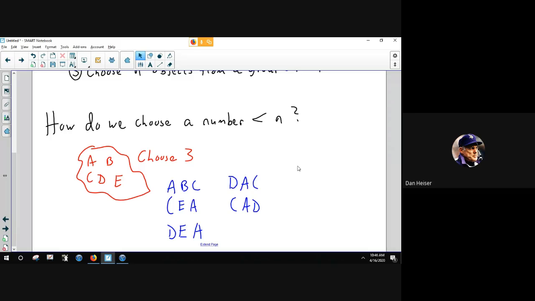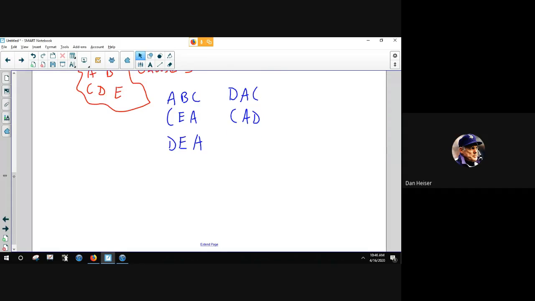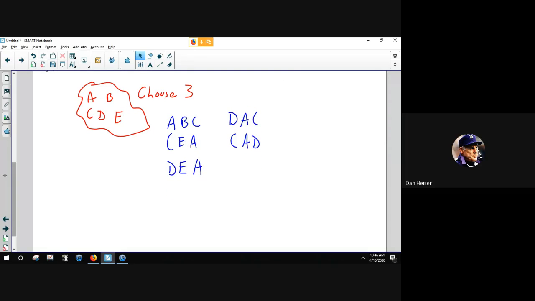Here's a group of 5. And it says choose 3. So what I've done is I've chosen 5 smaller groups of 3. I have these A, B, C, D, E as my 5 things. Here are groups of 3.